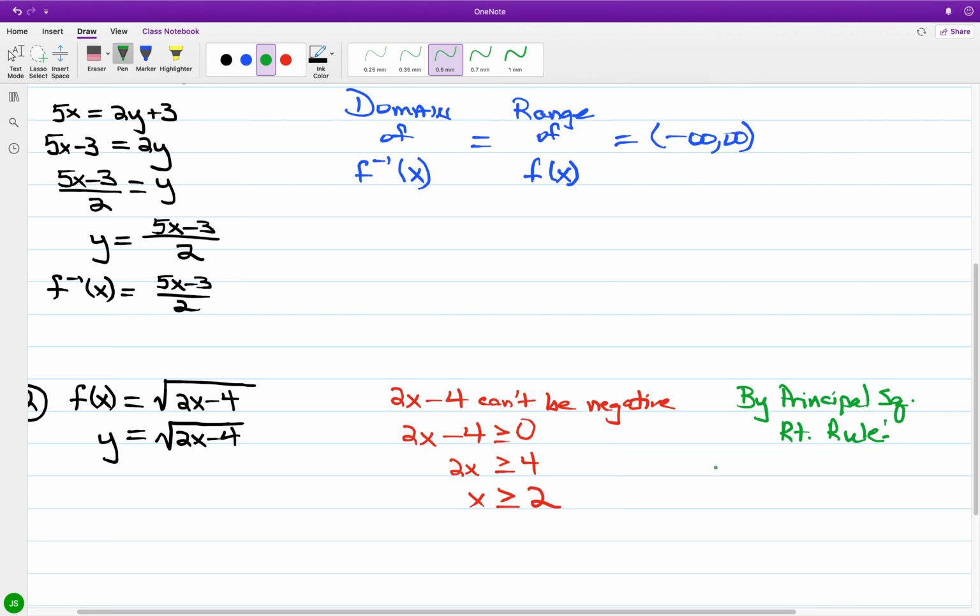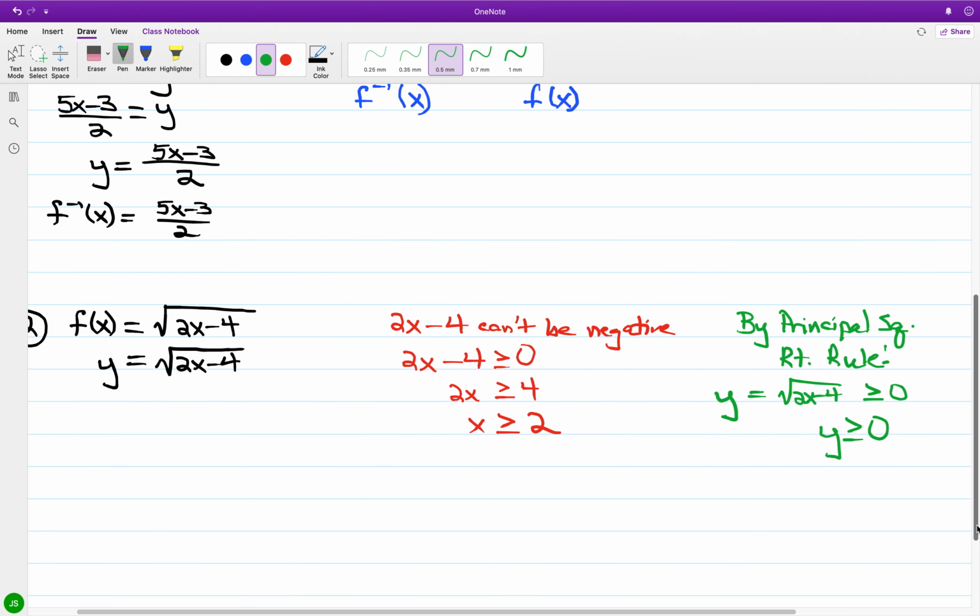So you have that y is equal to the square root of 2x minus 4. And again, whatever we have for the square root of 2x minus 4, it cannot reduce to anything that is negative. So y is the square root of 2x minus 4, and this expression can be equal to 0 or to any value that is positive. So in this case, we have that y is greater than or equal to 0.